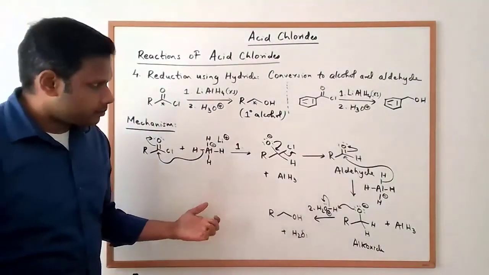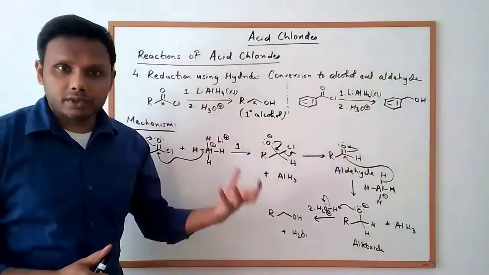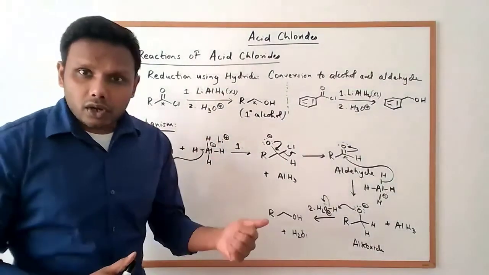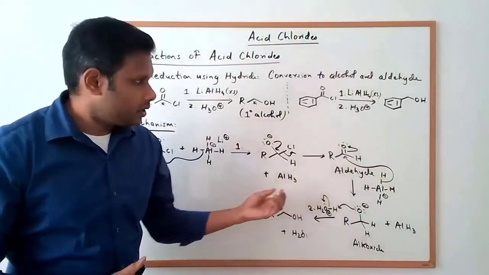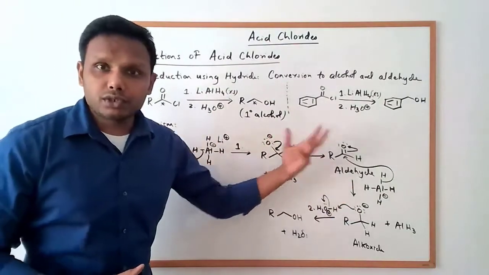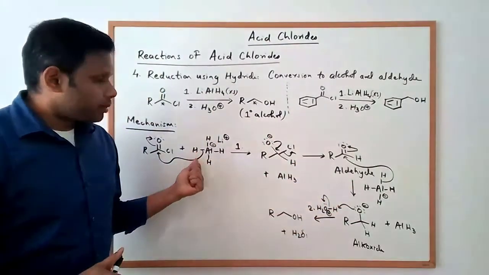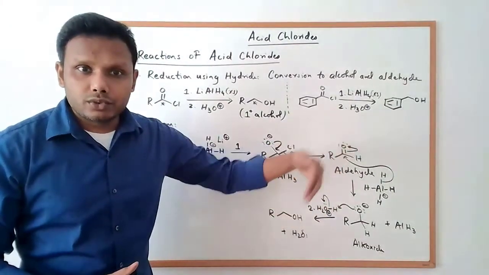And as I mentioned, since lithium aluminum hydride is a highly reactive hydridic reagent, it does not make sense to try and stop at the aldehyde stage. In fact, if you try that, you're going to get a mixture of products, because you might be able to stop at some aldehyde, but some aldehyde is going to get reduced to the alcohol.